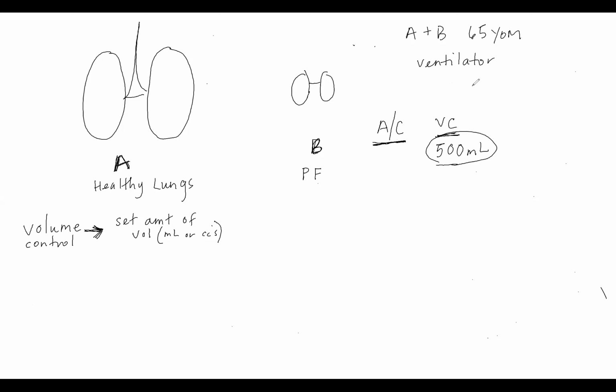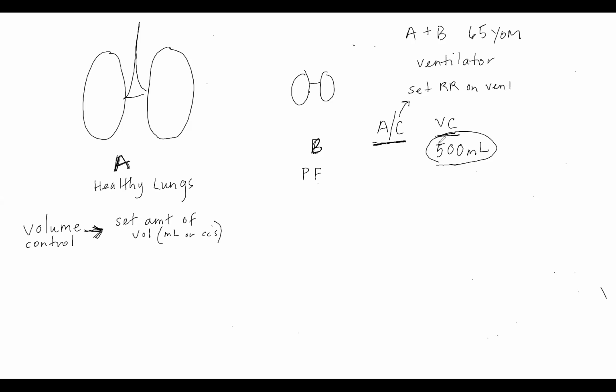So when we see the letters AC for assist control, what that means is that essentially this person has a set respiratory rate on the ventilator.